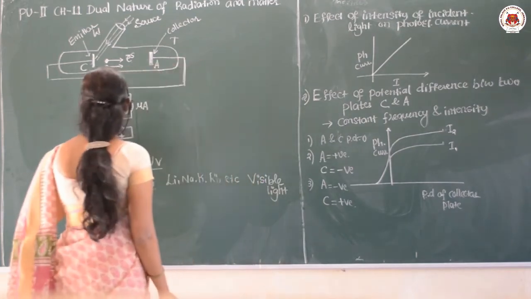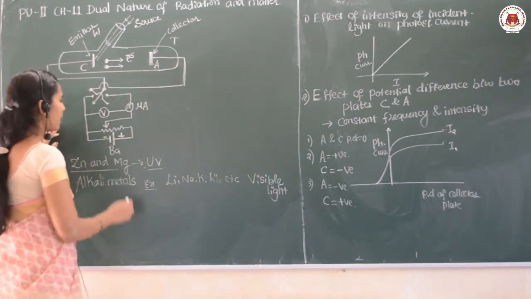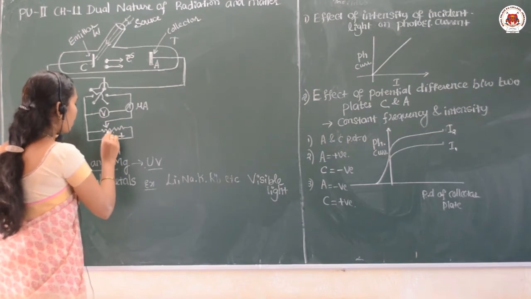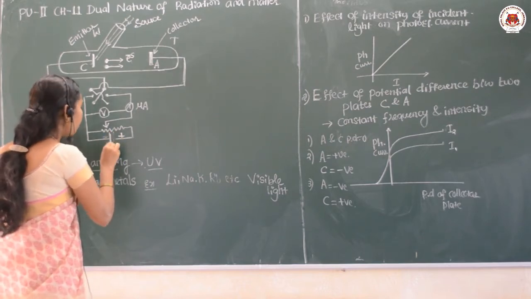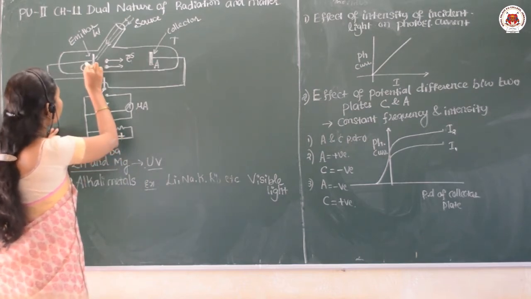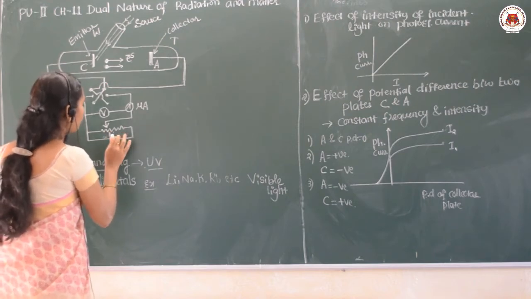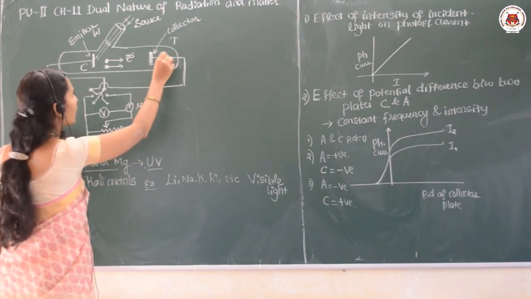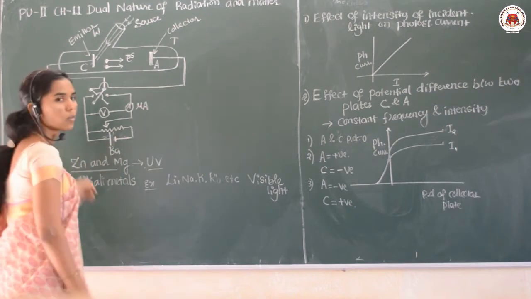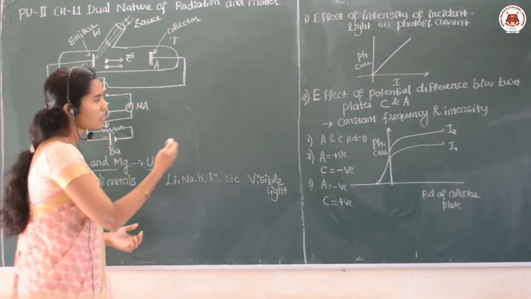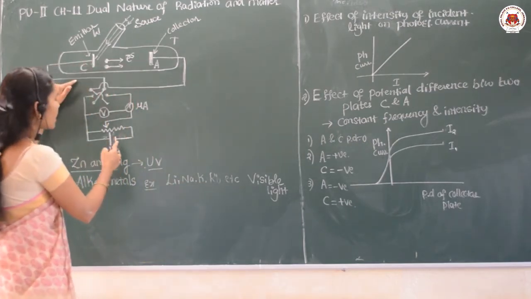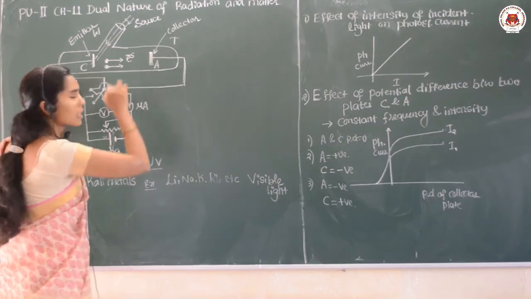See, slightly I can change this condition like earlier. If I keep the emitter plate as positive and the collector plate as negative here. Yes, what happens if we increase the potential of the collector plate?